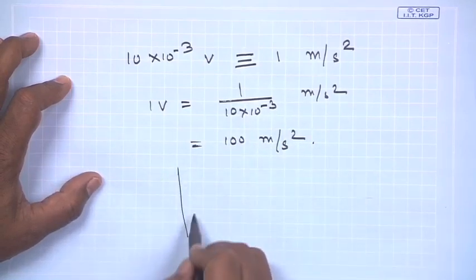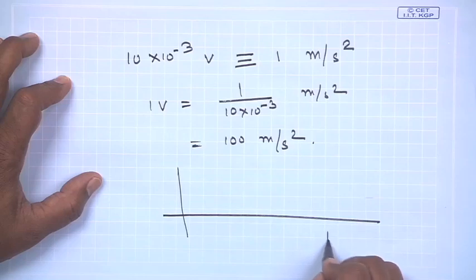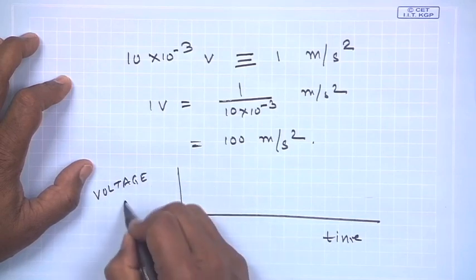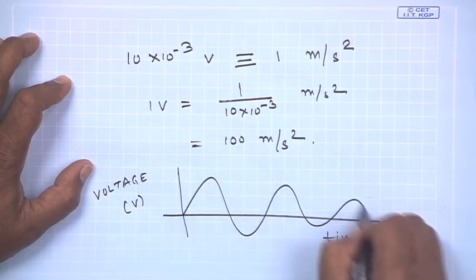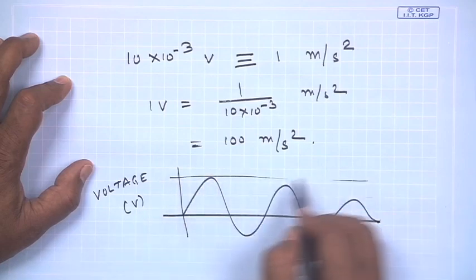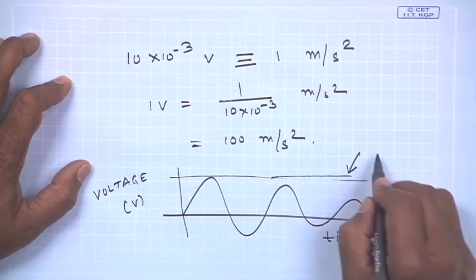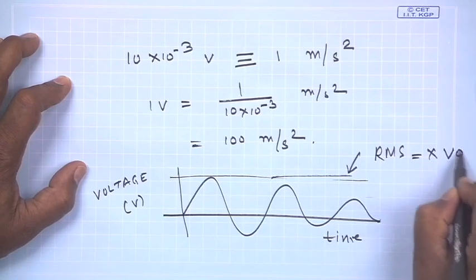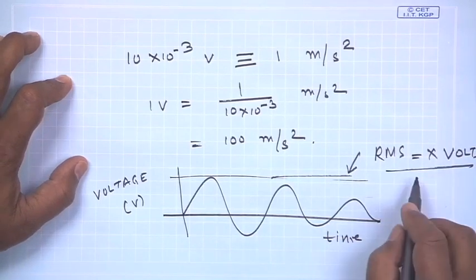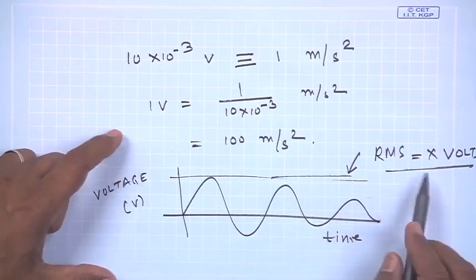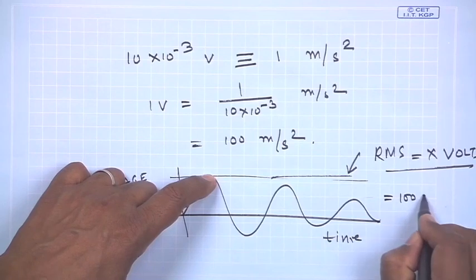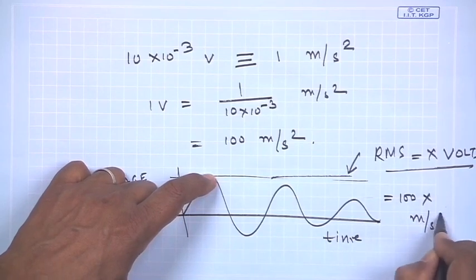So, in my readout unit, which is in voltage, say V, I can measure some value, maybe from signal processing the RMS value is some X voltage. So, I know 1 volt corresponds to 100 meters per second square. So, X volts corresponds to 100 times X meters per second square.